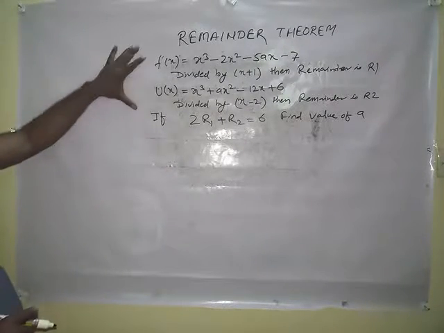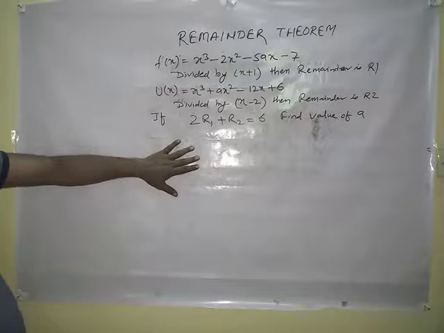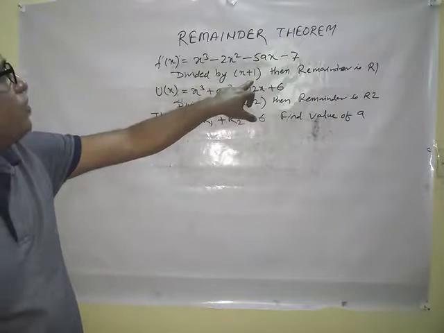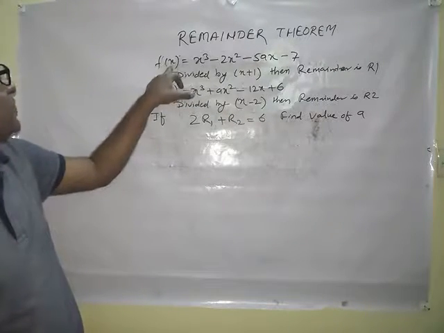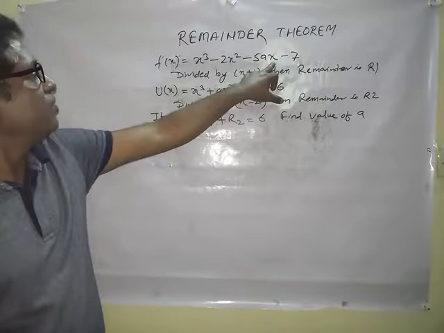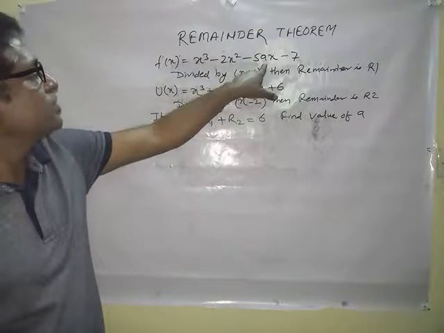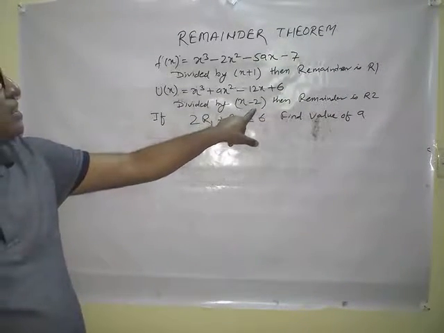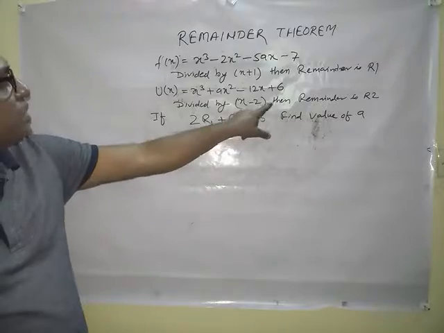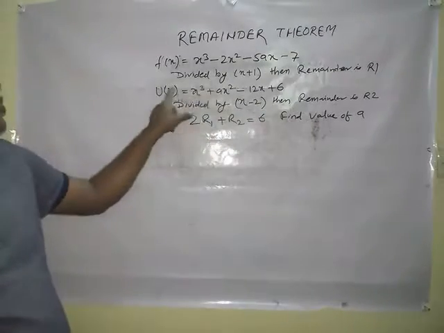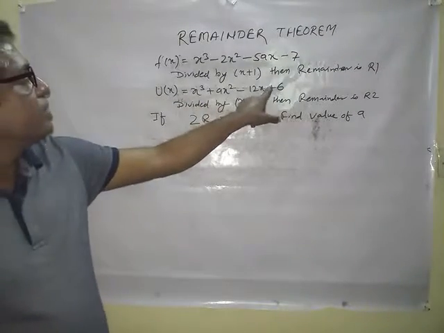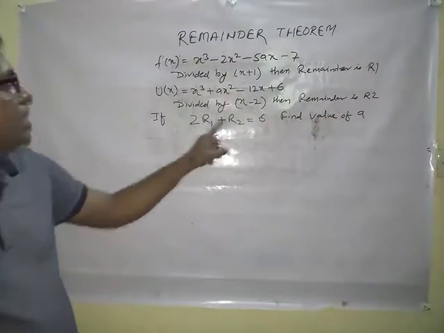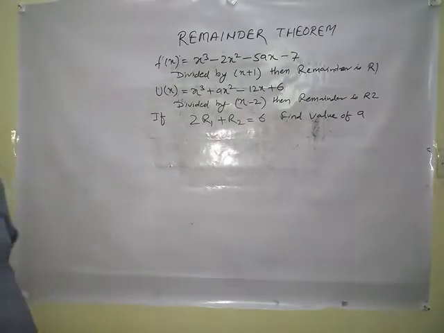Of course it is a little twisted, but don't get confused with it, because what they are saying is, if you put the value of x equal to minus 1 here, whatever equation is coming because of this variable, this will become r1. Put x equal to 2, because x minus 2 equal to 0, x equal to 2, you will put the value of 2 here. Whatever equation will come, that will be r2. Then apply this equation and find out the value of a.